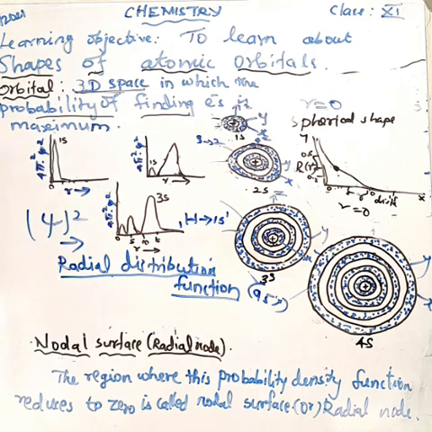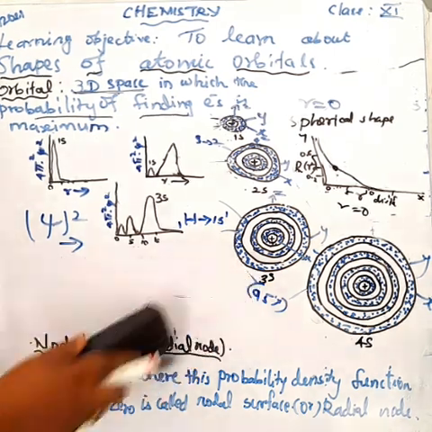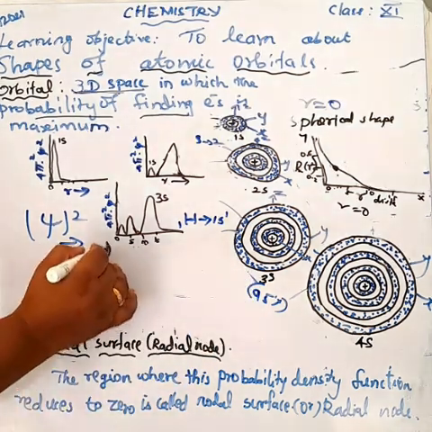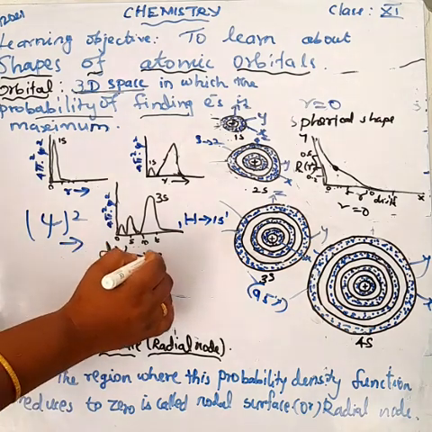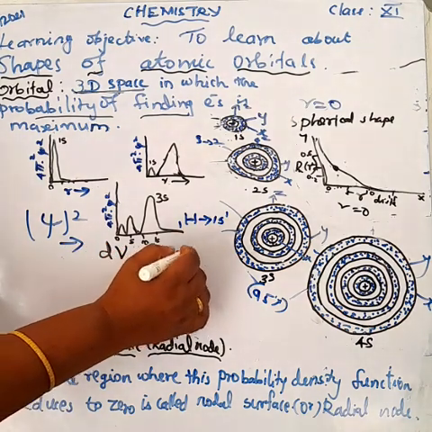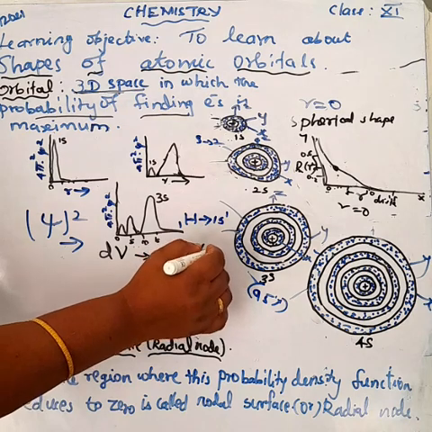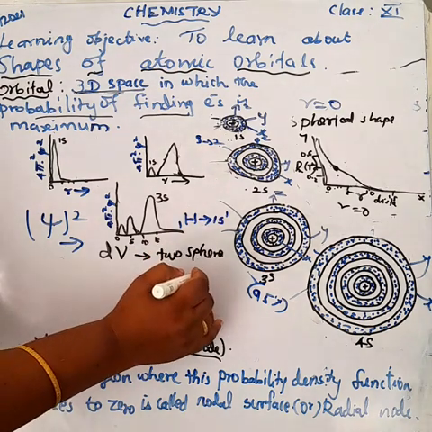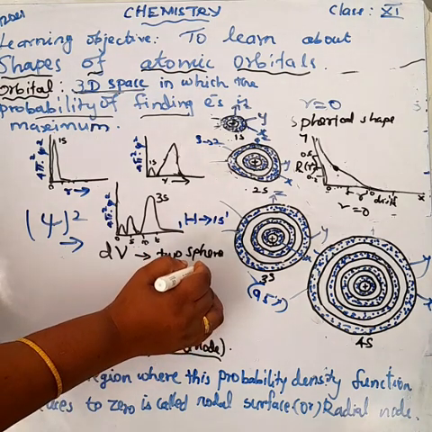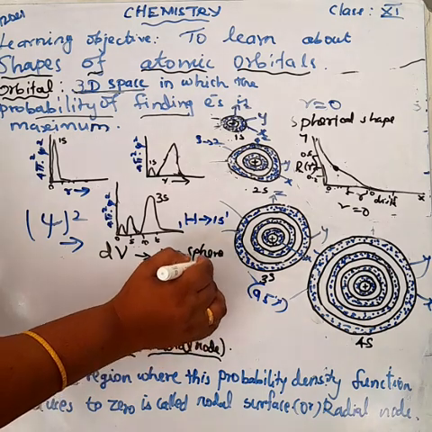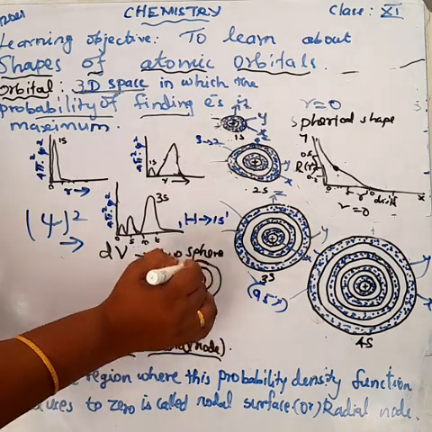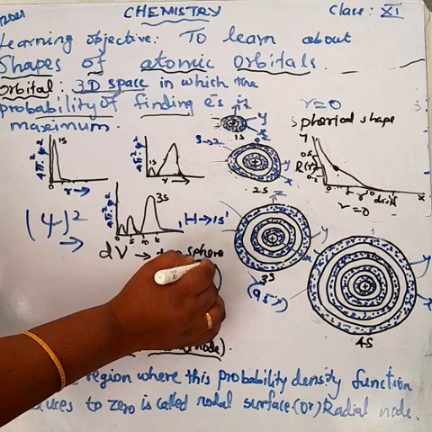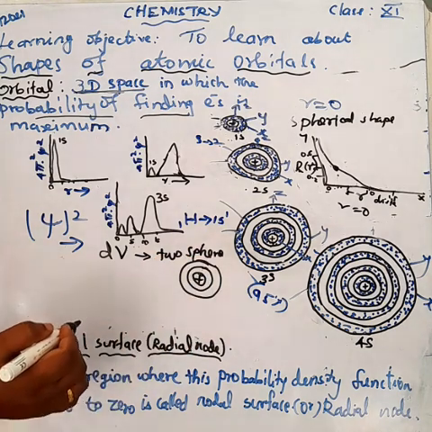Then let us consider the volume dV bounded by two spheres of radii r and r plus dr. This is one sphere, the first s orbital, and the next is another s orbital.